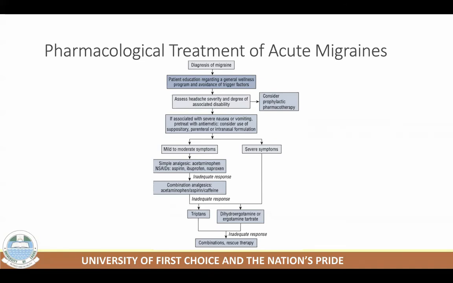So, for example, use acetaminophen, or you use NSAIDs, ibuprofen, naproxen. But if you do not get adequate response when you've dosed adequately at that level, then you use combination analgesics. A combination of paracetamol with aspirin and caffeine. What's the name of it? There was one that was really popular at the time.